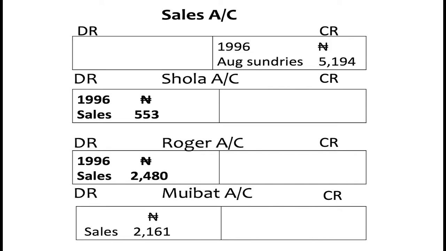Muibat made the sales of 2,161 naira, which is also on the debit side of our account. When you sum up all of those figures, you find out that it amounts to 5,194 naira, which will be credited to the sales account. My students, I know you know what is credit. Whenever something is credited to your account, money is coming into that account.